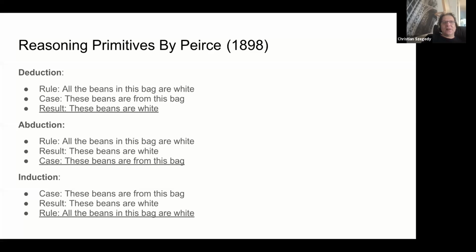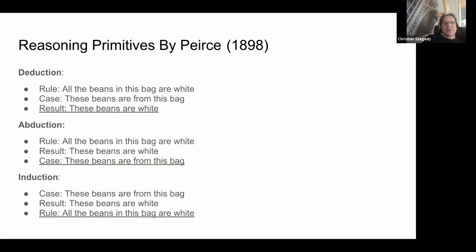And if you look at these triplets, you can try to infer one of the parts of those triplets. For example, in deduction, you want to figure out what is the result of applying the rule. That's typically an unambiguous problem, because if your rules are deterministic, then you can do that.